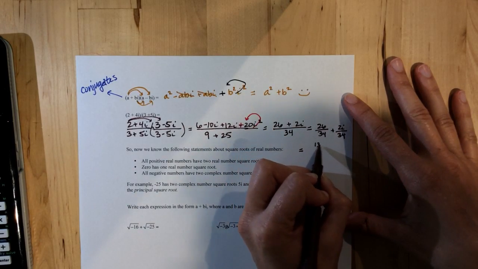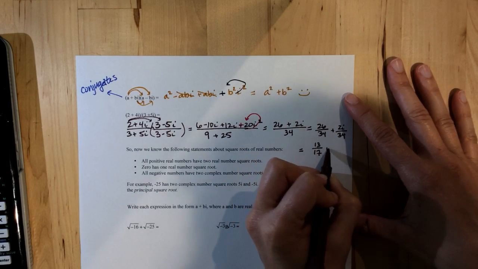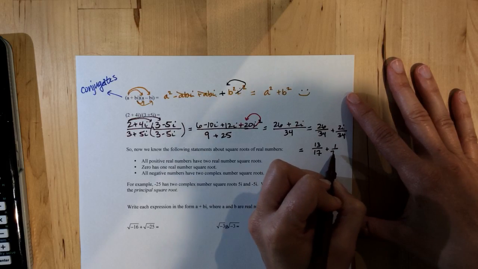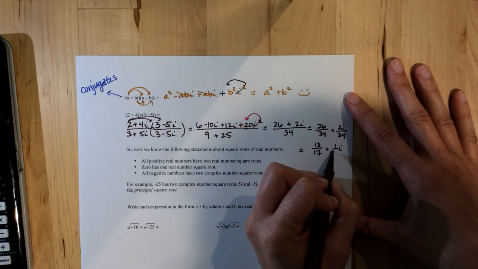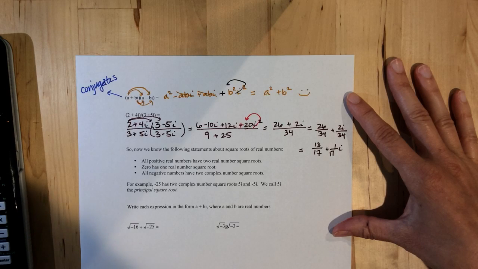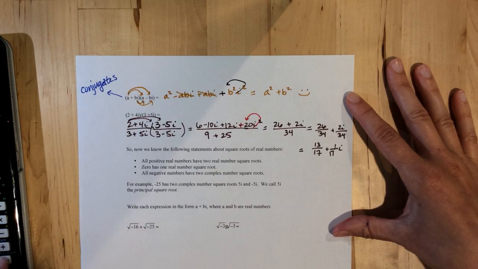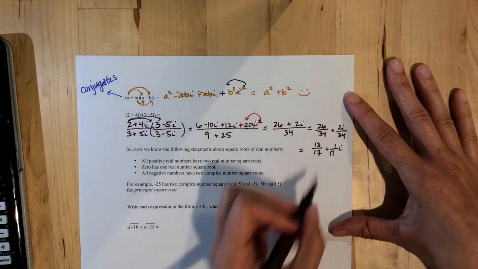Oh, duh. 13 over 17 plus 1 over 17i. Let me just double check that real quick. Don't ever trust anything I do in my head. That would be a silly mistake. Perfect. All right, and that's it.